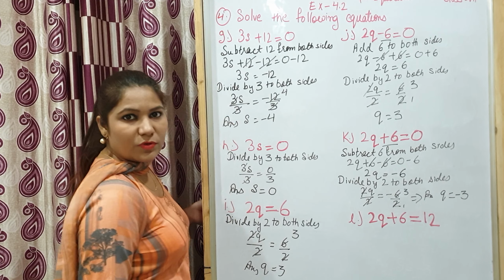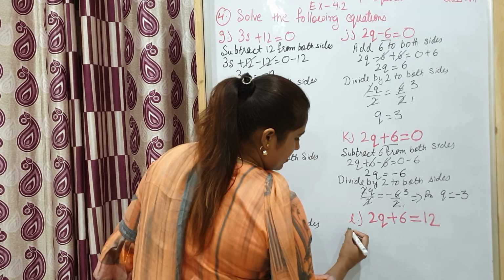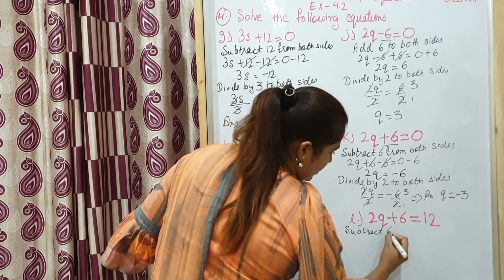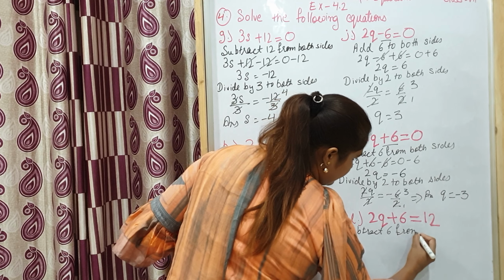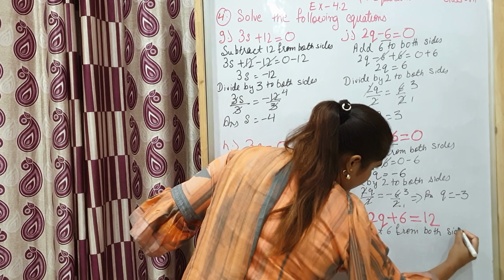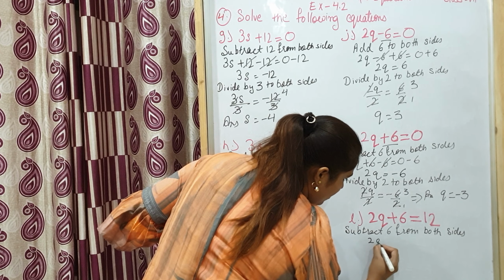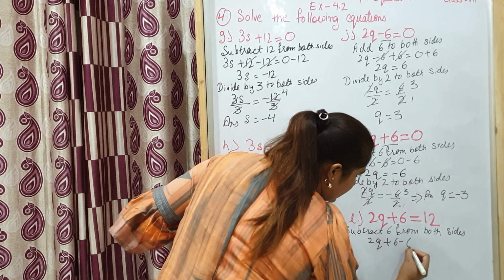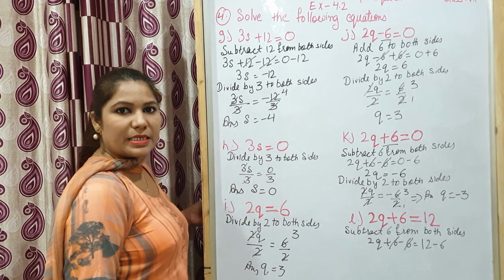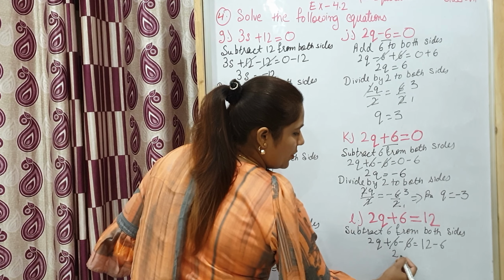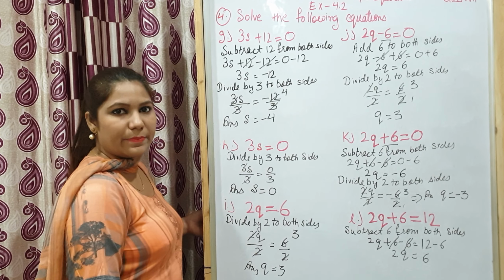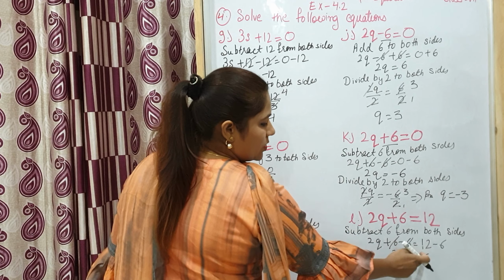2q plus 6, we will do minus, subtract 6 from both sides. 2q plus 6 minus 6, 12 minus 6. Plus 6 minus 6 cancel. 2q, 12 minus 6 is 6. Plus minus minus, sign of the bigger term, bigger is 12, so plus.